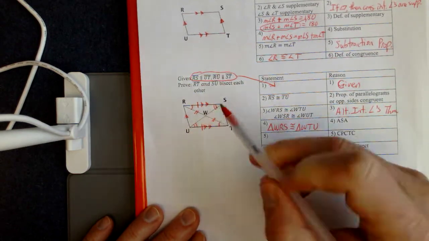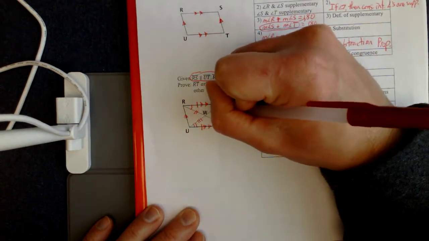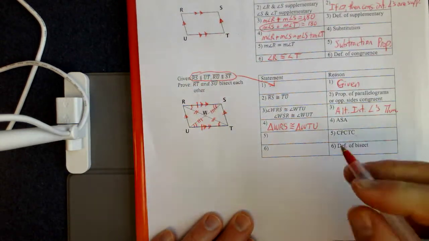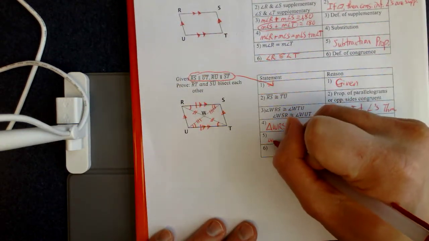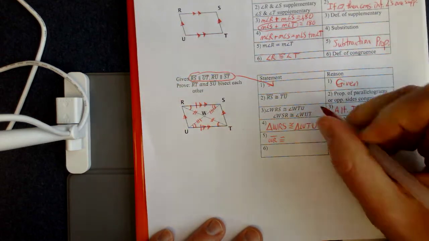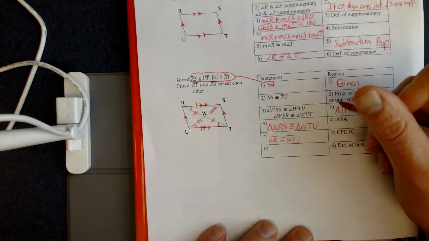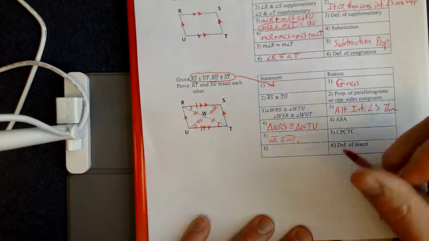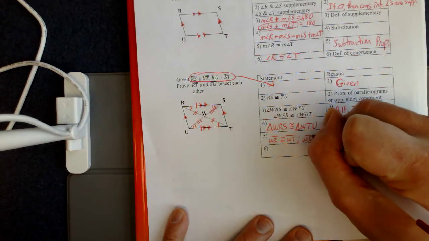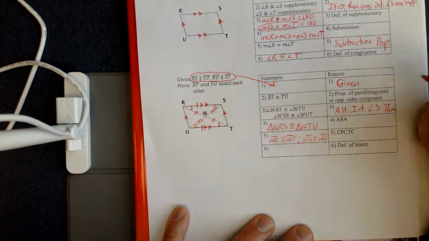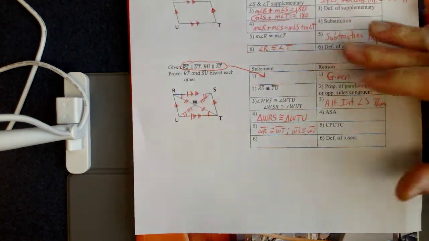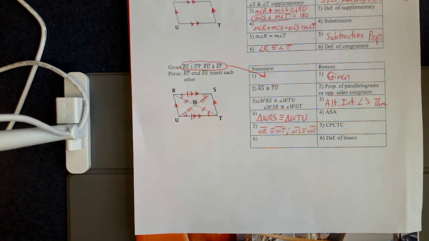And WU and WS would be corresponding parts. So we got WR and WT congruent to each other, and the other one, WS and WU. And those are congruent by CPCTC.